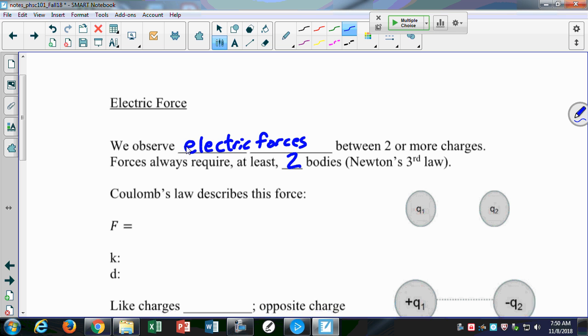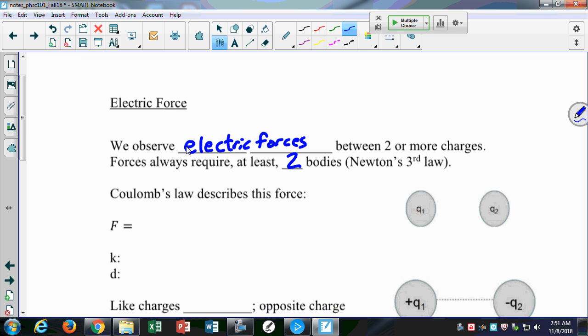There isn't a force that doesn't require 2 bodies. You can't just have a force exert a force on itself. If I push on a wall, the wall pushes back on me. If the Earth exerts a gravitational force on me, then I pull back up with an equal and opposite force. So I always require at least 2 bodies for a force to occur.